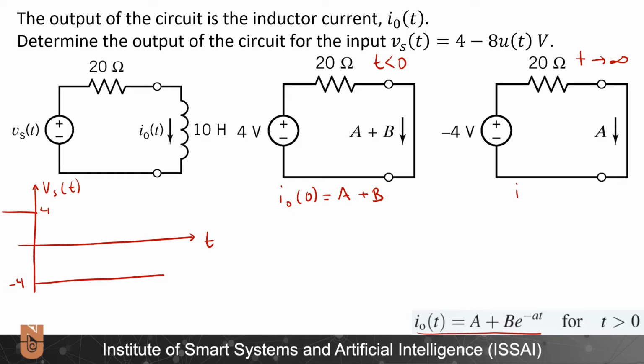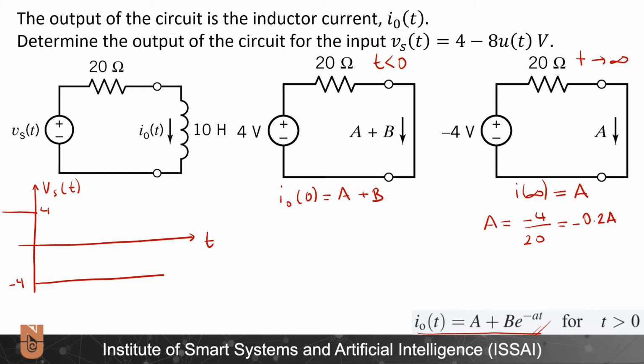When t goes to infinity, since this exponential term will decay, the value will be equal to A. So from here I can calculate A very easily as minus 4 divided by 20, which is equal to minus 0.2 amperes.